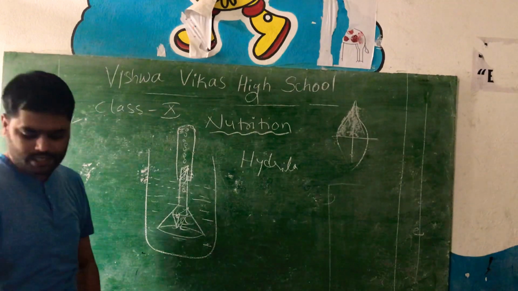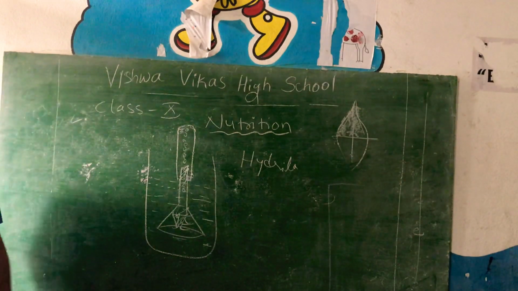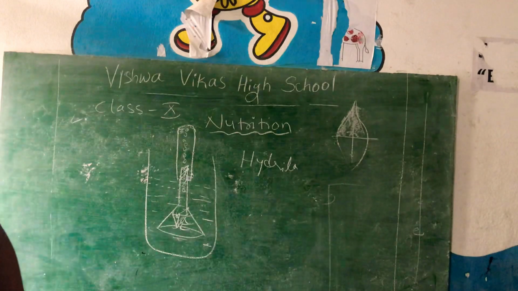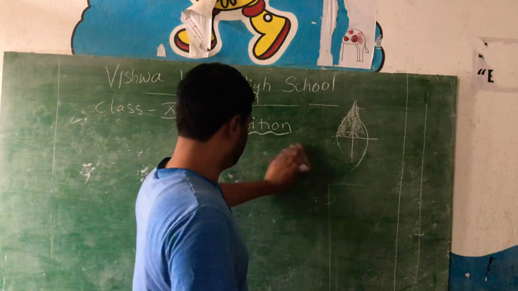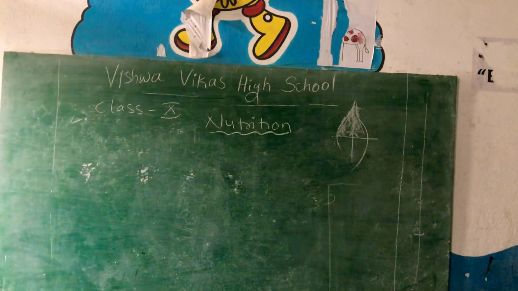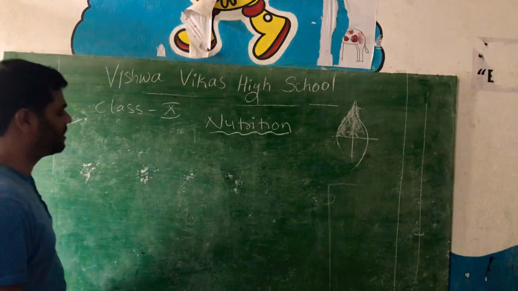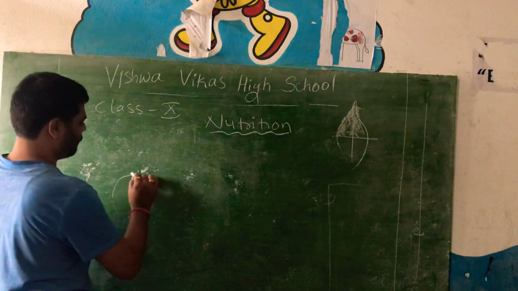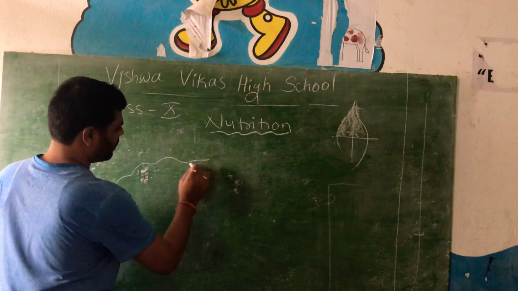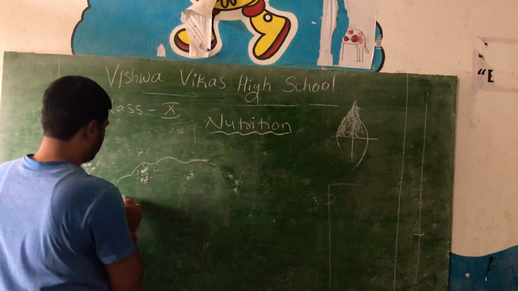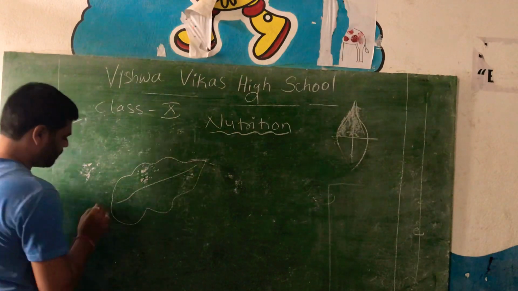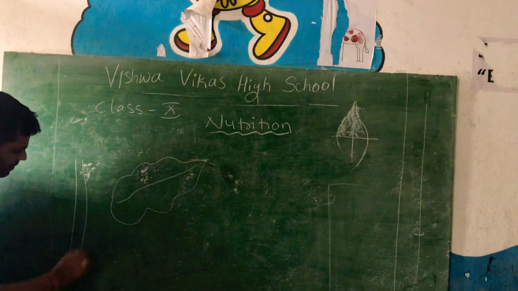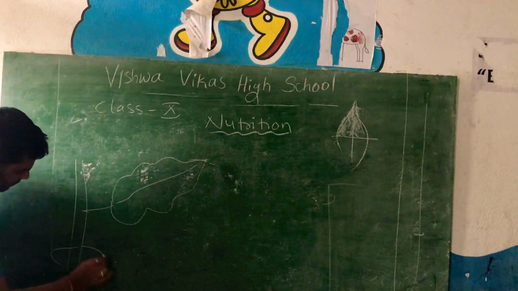Then, how is starch produced in sunlight? This is another activity, to show how sunlight is necessary for starch formation. Take one big leaf, a potted plant, and keep it in sunlight.